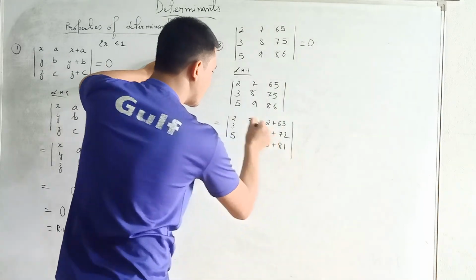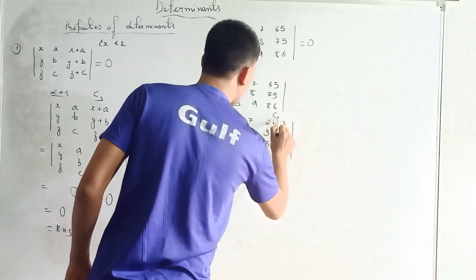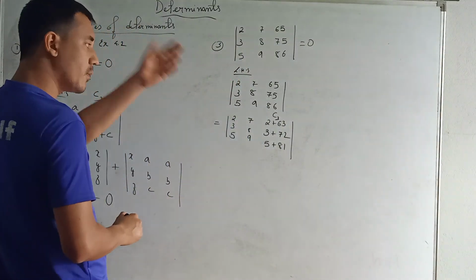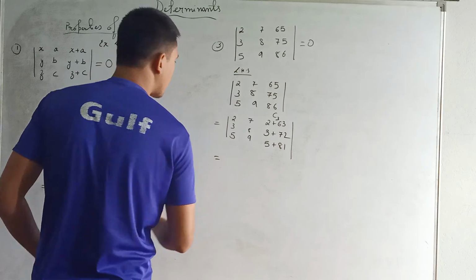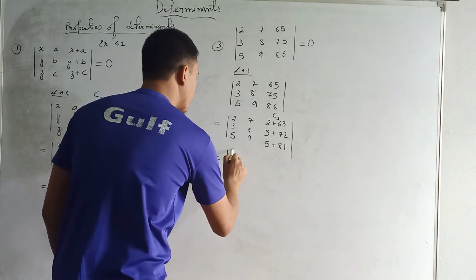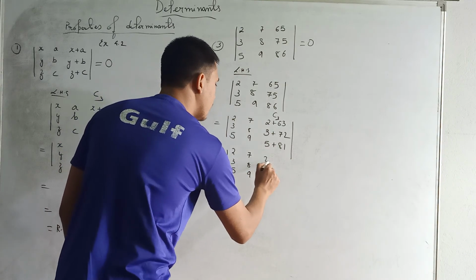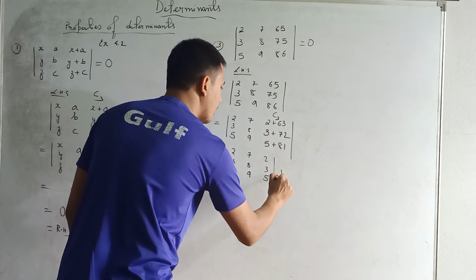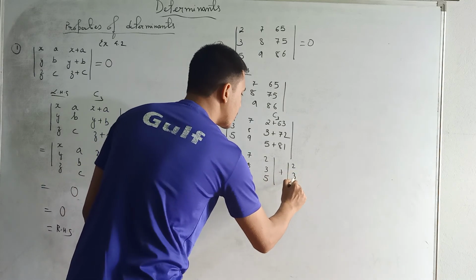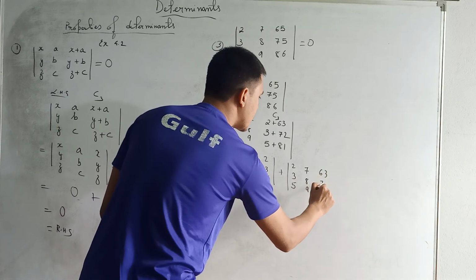So that two columns will be identical. Now your third column has been expressed as the sum of two terms, so the given determinant will be expressed as the sum of two determinants: 2, 7, 2; 3, 8, 3; 5, 9, 5, plus 2, 7, 63; 3, 8, 72; 5, 9, 81.